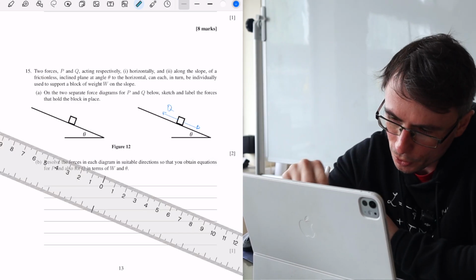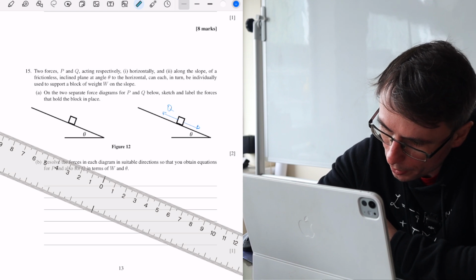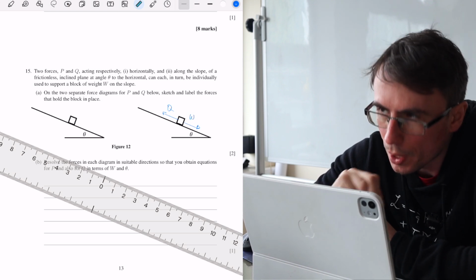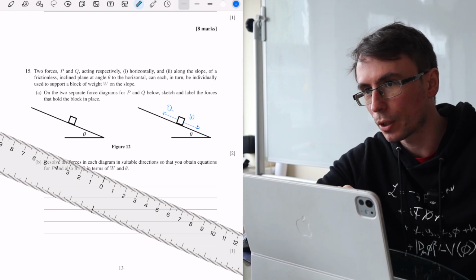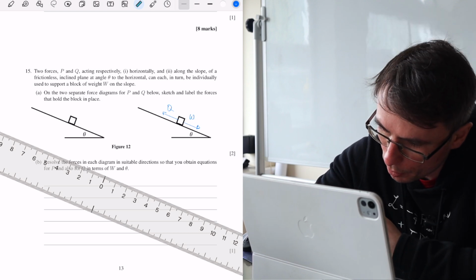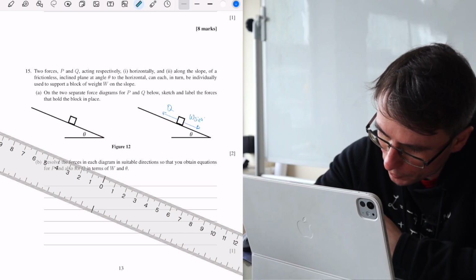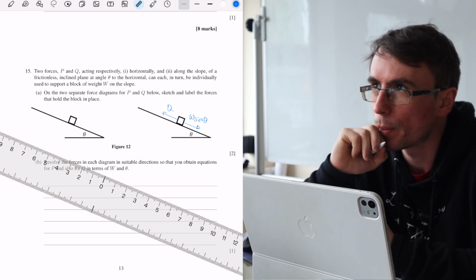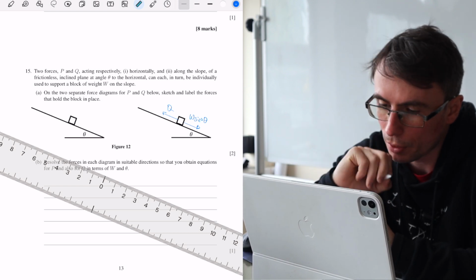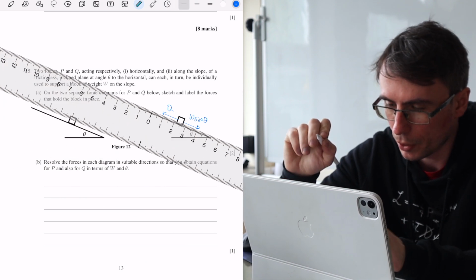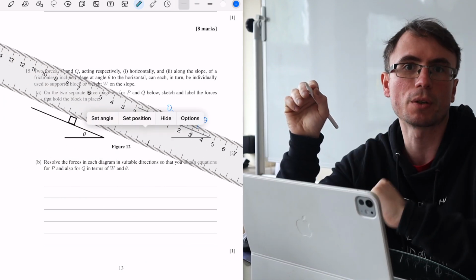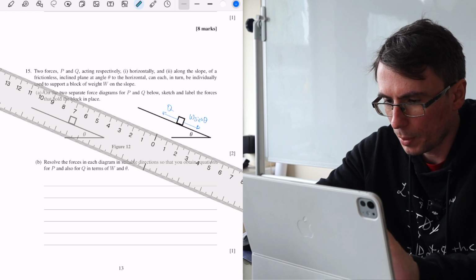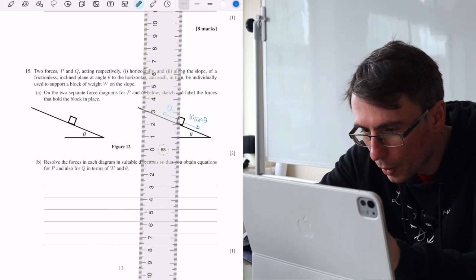So the force Q along the slope will have to support the component of the weight that's pushing it along the slope, which is going to be W sine theta. There's also going to be a normal component, W cos theta, which is supporting the vertical component. There are also going to be some vertical components.